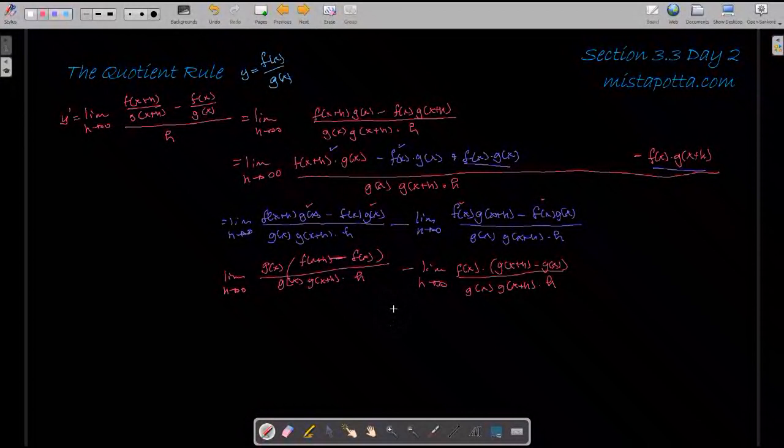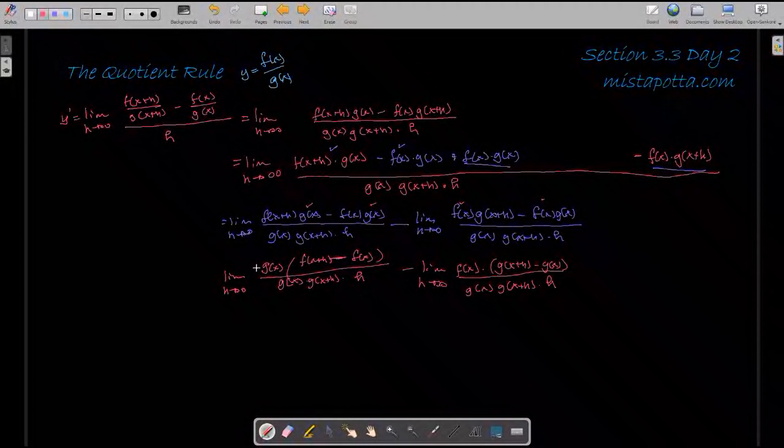And I know you have an incredible urge to eliminate this common factor of g of x, because that's what we've done with derivatives, is eliminate a common factor in the numerator and denominator.